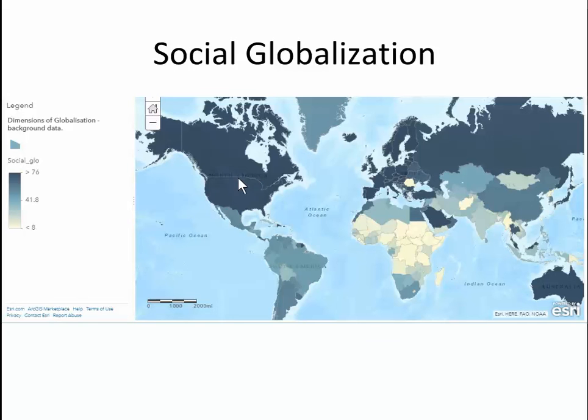And of course, not surprisingly, the United States is very, very high in this, as is all of Western Europe. Interestingly enough, much of Russia is highly socially integrated, and as well as some of the Southeast Asian states and Japan. Now, interestingly enough, again, social globalization in sub-Saharan Africa is very, very low. It is moderate in South America.